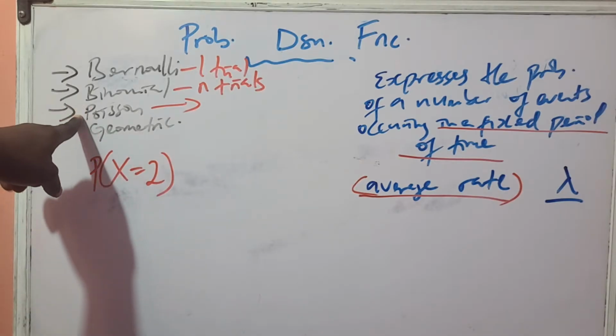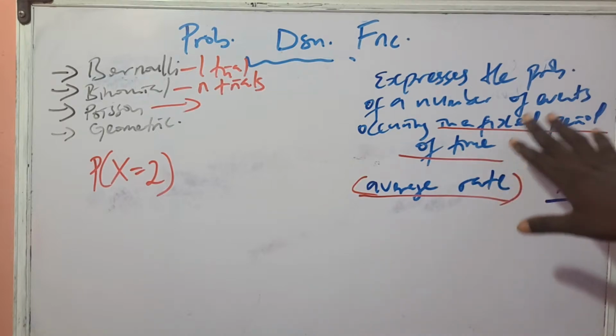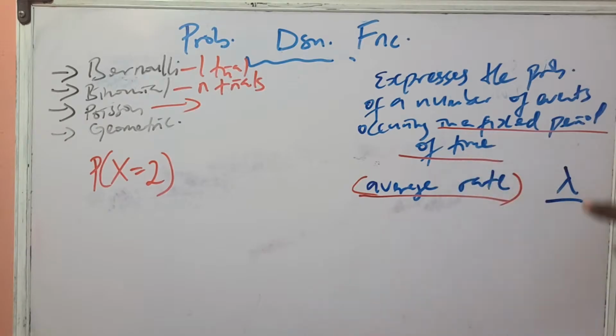Now, Poisson's own peculiarity is that it always has the feel of something around a fixed period of time. The number of car accidents in a day, a fixed period of time. You see, you have to fix something, not just the car accident occurring.